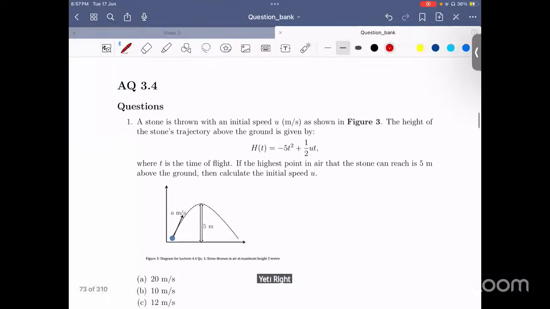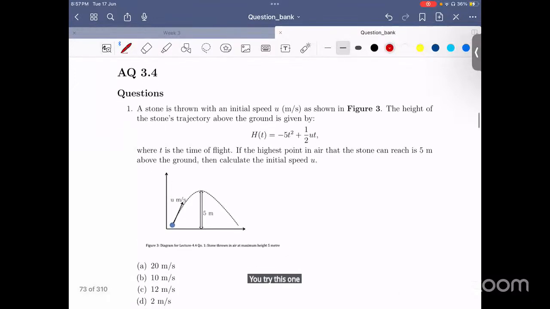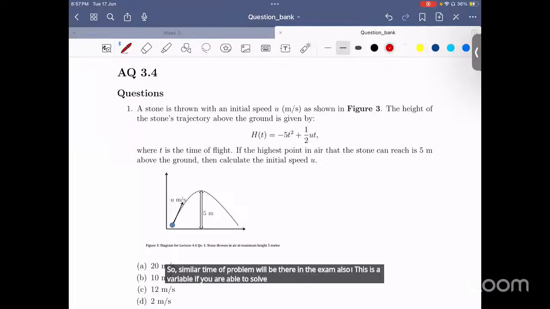Try this one. A similar type of problem will be there in the exam also. If you are able to solve this, I don't think you'll face any issue in solving the qualifier paper, at least from the quadratic equation.